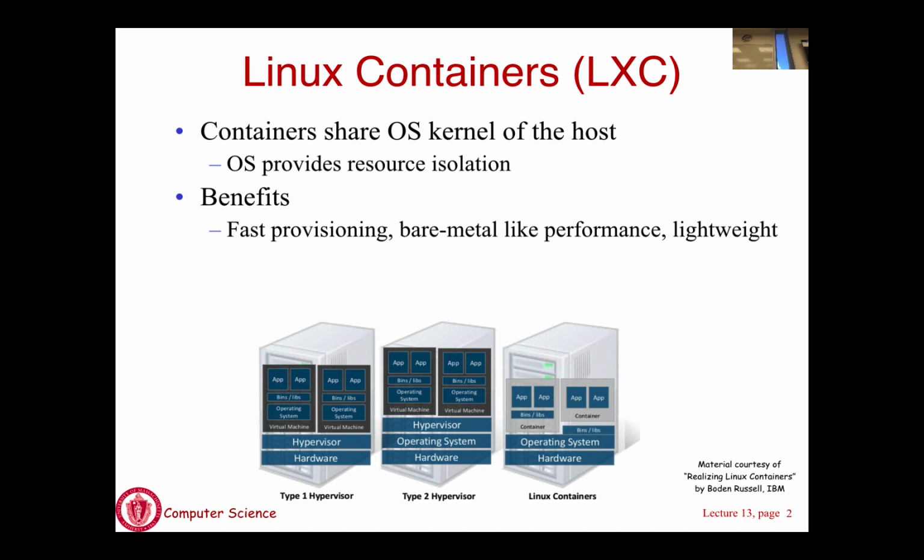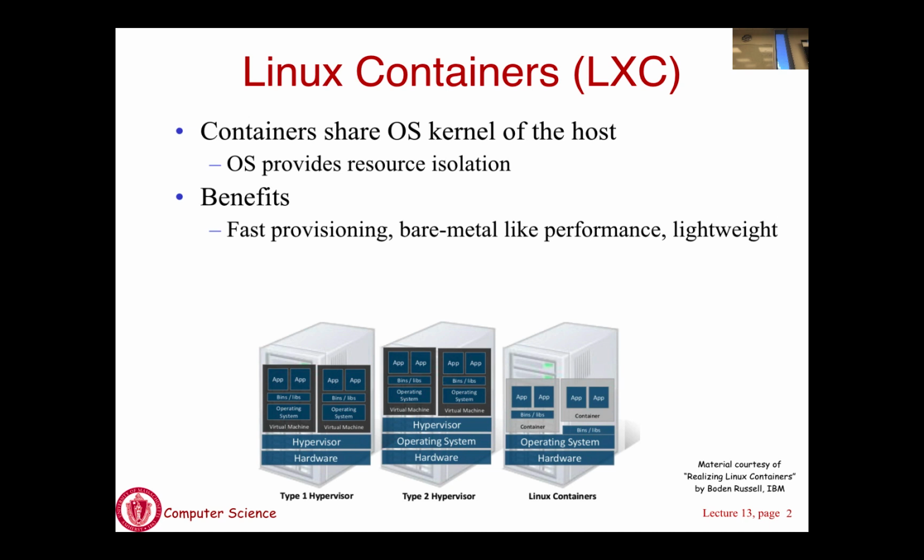All other containers will fail as well. But in both type 1 and type 2 virtualization, if you exploit a bug in the guest operating system, only that VM is going to go down. Other VMs have independent OSs, and in at least type 2, there is something running underneath, which is the host OS. So, neither of those are impacted.